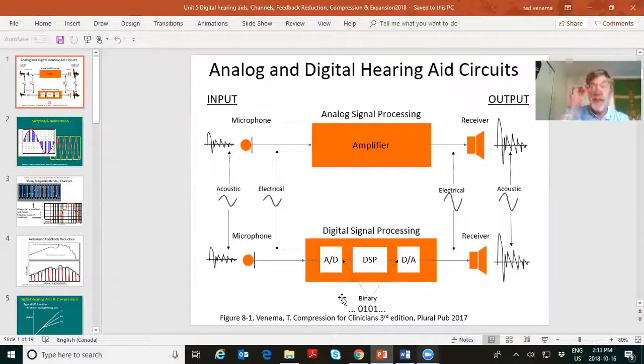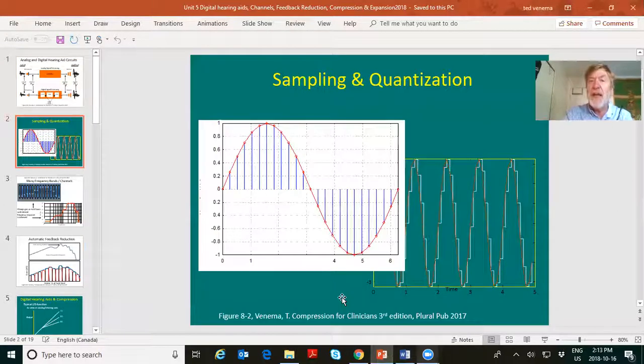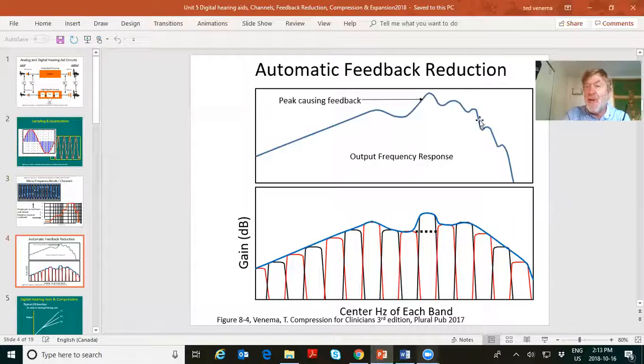Because not only are you fitting the hearing aid with the proper gain to match the demands of the audiogram and the fitting method that you chose, but now you're using automatic feedback reduction, and not only are you using static notch filters, you're using roving notch filters, which means that as these peaks may change, because now you're standing next to a fridge versus now you're standing next to a wall versus now you've got your hand up because you're putting your hat on, any of those is going to cause feedback, right?